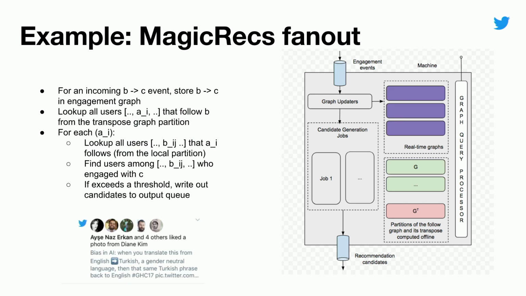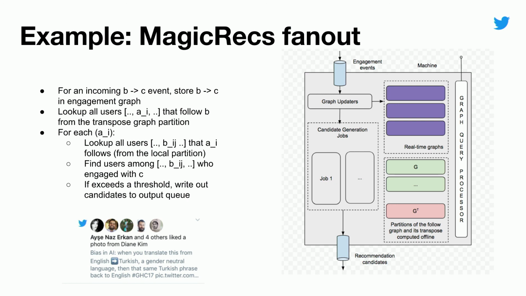This is a little bit harder, so I can go over this quickly. This is the MagicRecs event type fanout, where if k people like a tweet, we will generate a fanout recommendation. So here, again, what we'll do is we'll look up both the forward graph and the reverse graph.